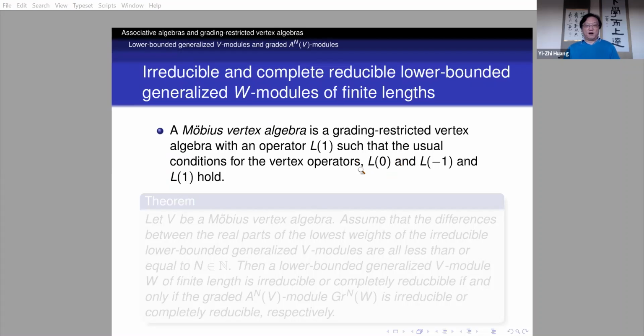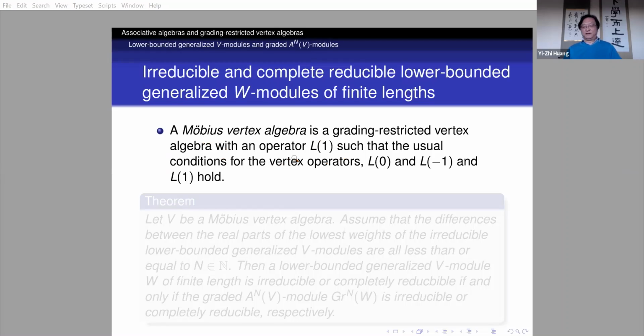For the module, you can shift the grading by any number, and you will still get a module for the grading restricted vertex algebra. But if we add L_{+1}, then for a module of this kind of vertex algebra, called a Möbius vertex algebra, you cannot shift the grading of the module. So that's something we need. This is the reason why we need this condition.